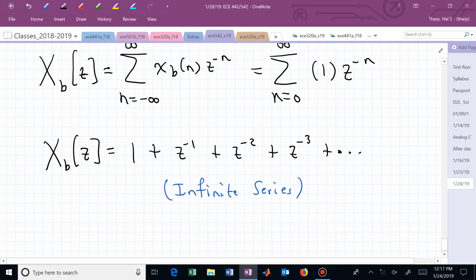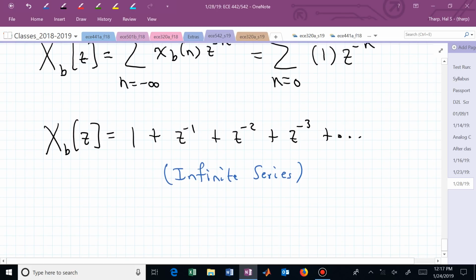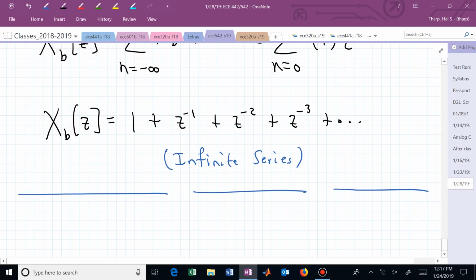And that may look a little bit uneasy or uncomfortable. It's better we think of z transforms as some ratio of powers of z or polynomials in z, and this doesn't look like that at all. So now let's see if we can find a closed form expression for this infinite series representation of capital X sub b of z.